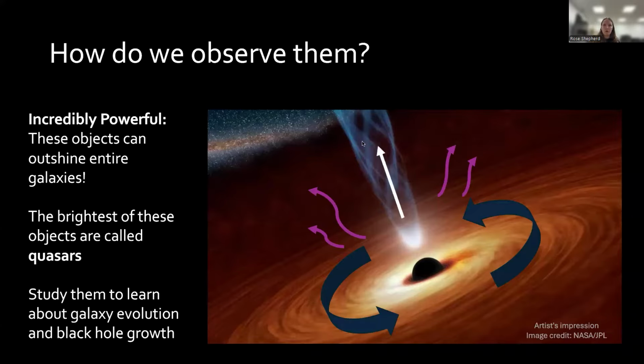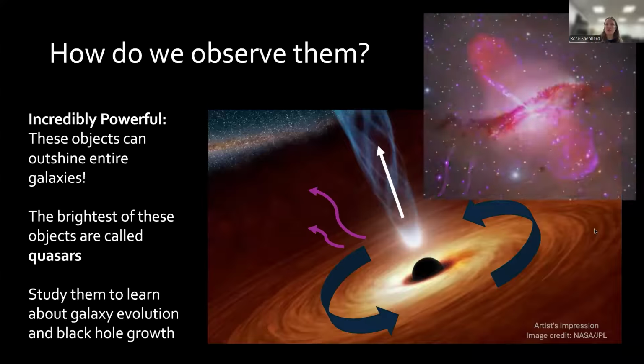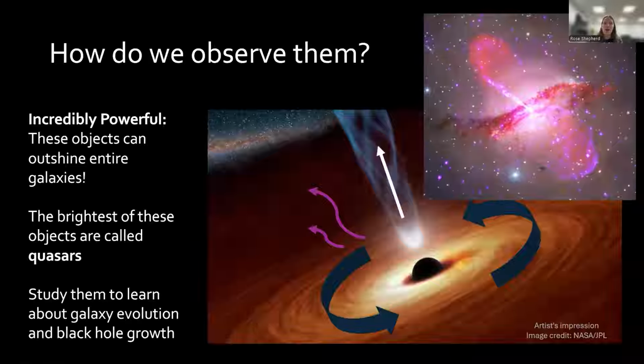We also see powerful jets shooting out of the galaxy, which are driven by magnetic fields. Now, if we think back to our multi-wavelength image of Centaurus A, which I showed you earlier, we can observe these powerful radio jets shooting out of the center of the galaxy. And we can begin to understand that there's an active galactic nucleus lurking at the center.